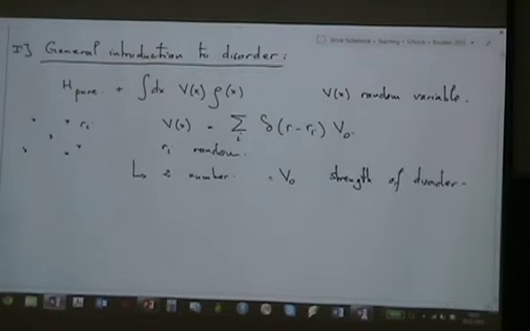And the second one is the average density, let's say n, of impurities. Again, that's what people call Poissonian.